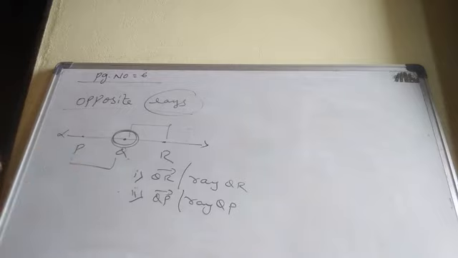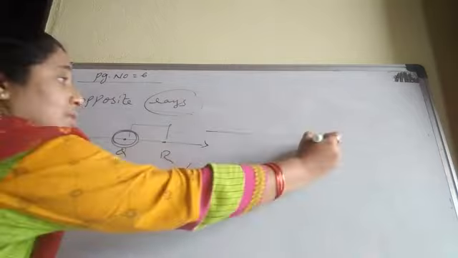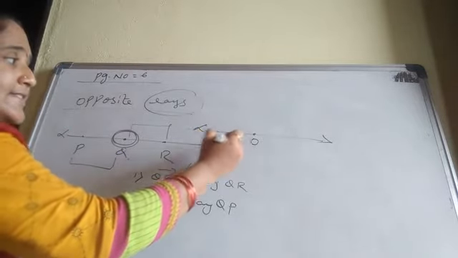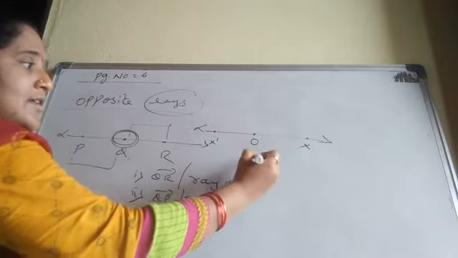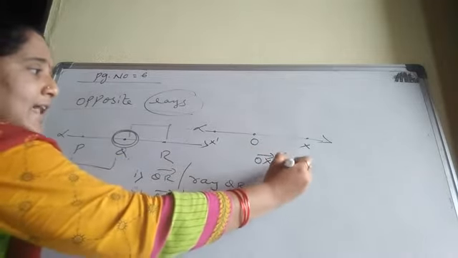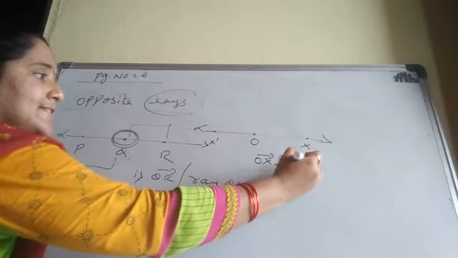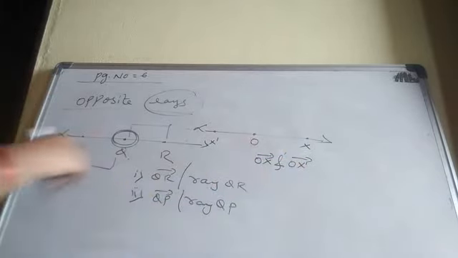Example, we can take the x-axis and y-axis also. Draw the number line. Here our origin, here x dash, here x. Ray OX and ray OX dash are the opposite rays.